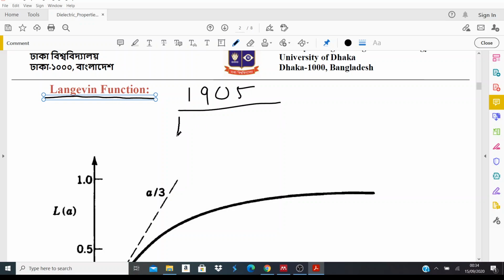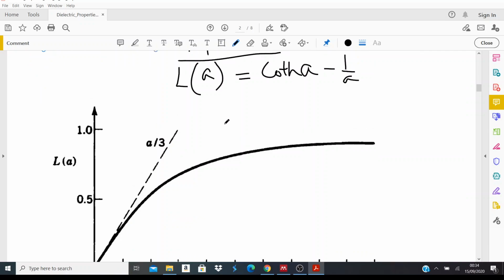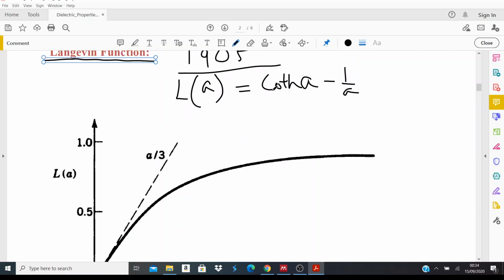So this Langevin function, let's say L, is a function of some argument, let's say A, and this is nothing but coth of the argument minus 1 by A.